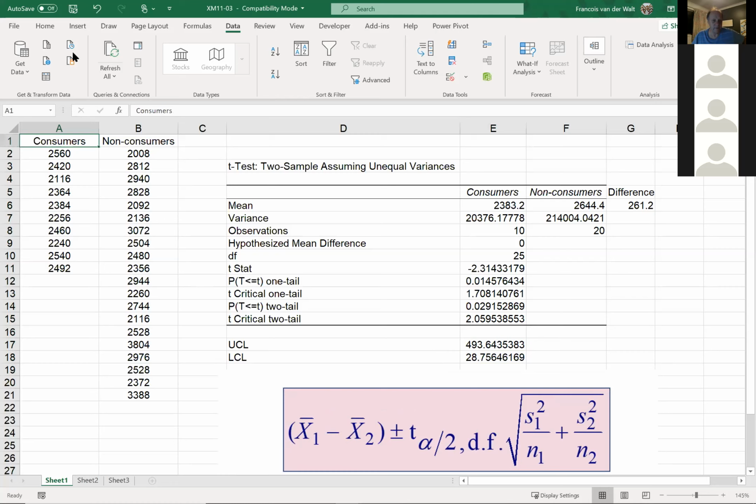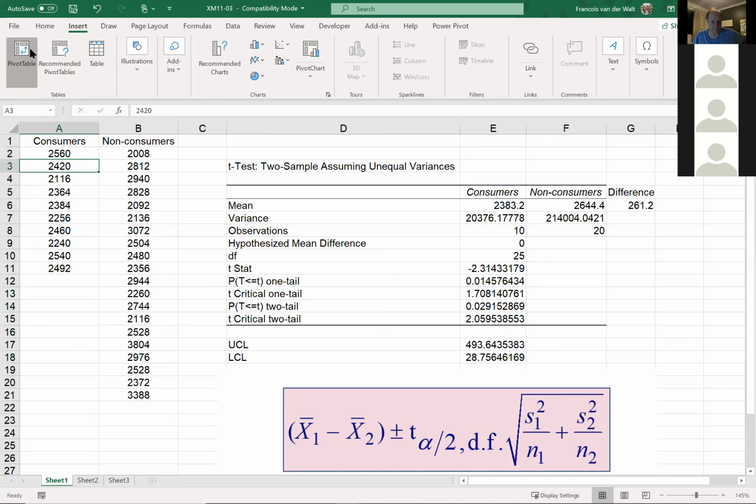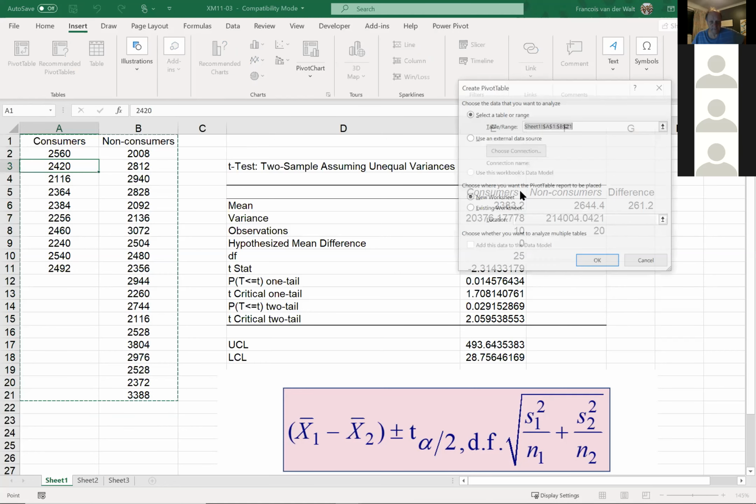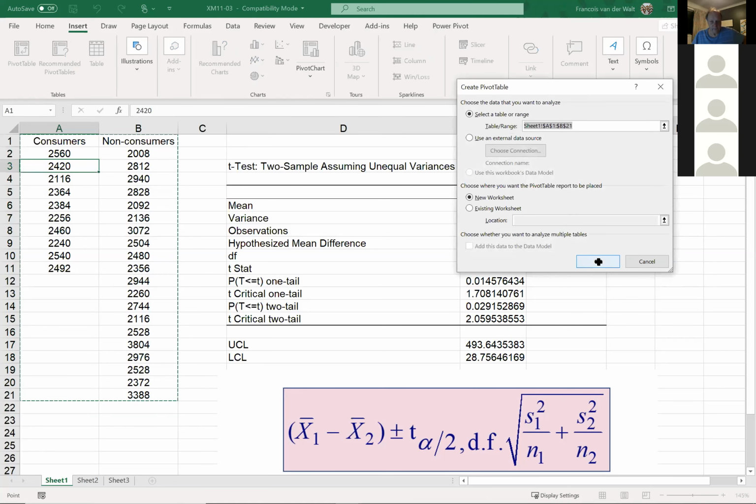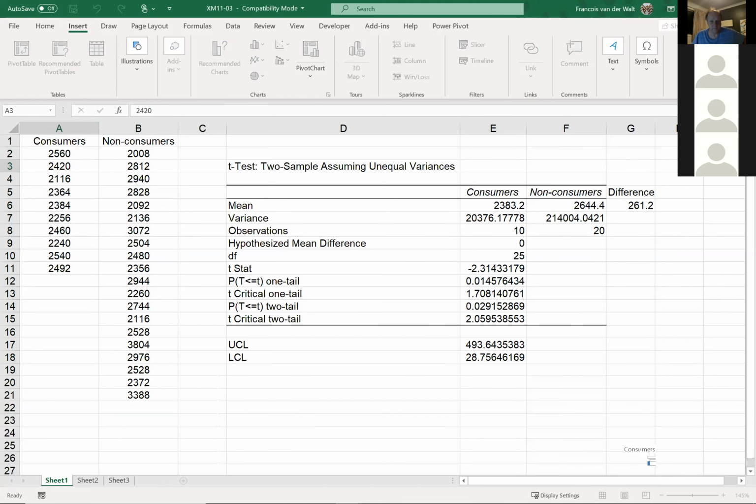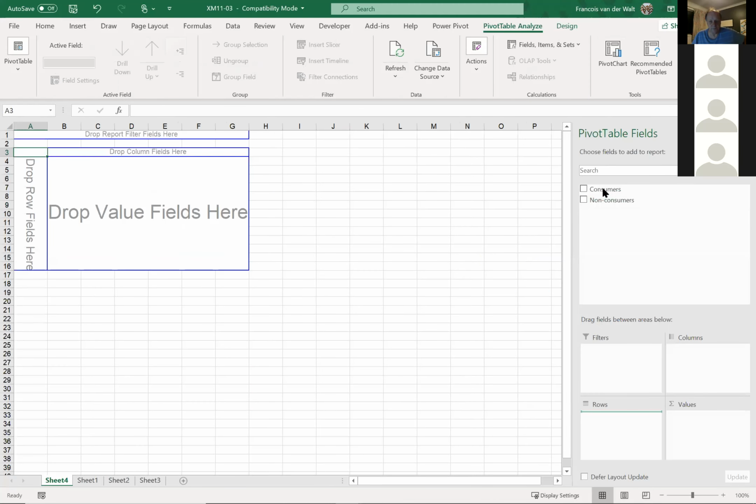Okay. Let's see. Insert, pivot table. Draw a histogram for consumers.